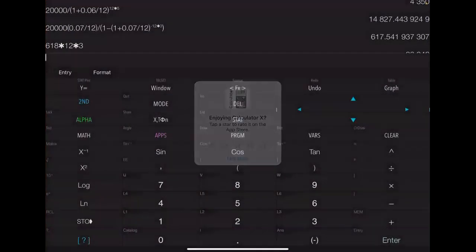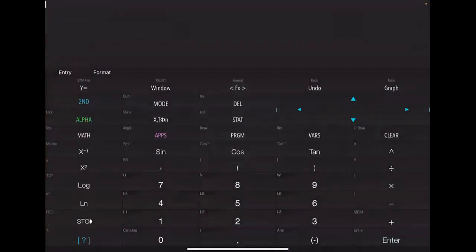It's 175,500 times 0.075 divided by 12, close the parentheses, and then divide by parentheses 1 subtract parentheses 1 plus 0.075 divided by 12, close the parentheses, to what power?